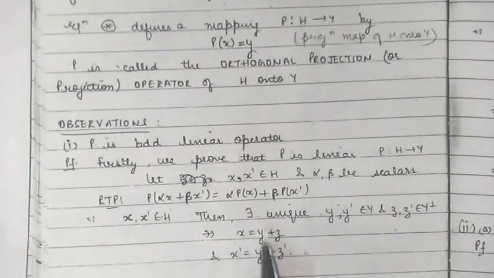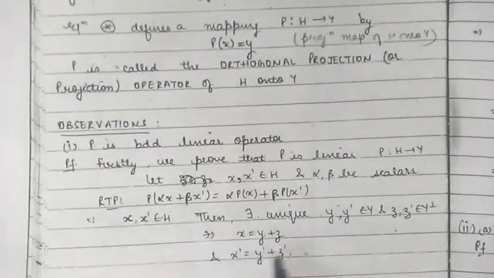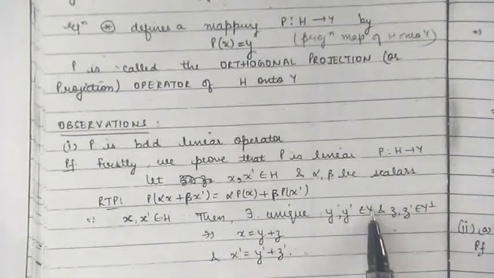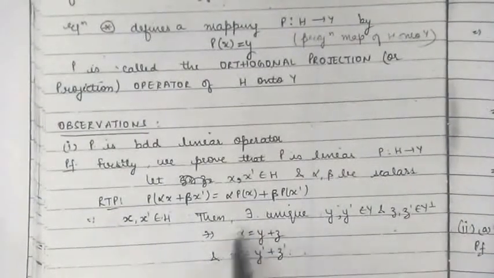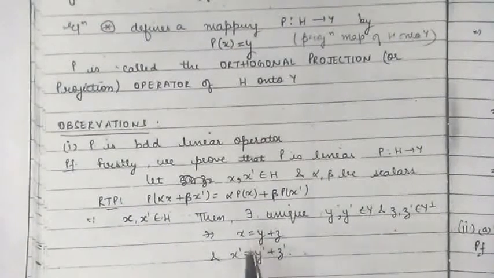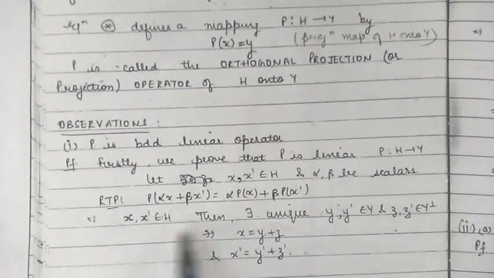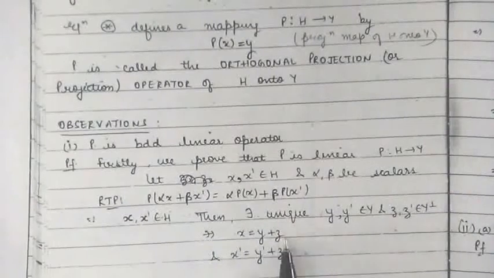By the projection theorem, x can be written as the sum of elements, one taken from Y and one taken from Y complement, and that representation is unique. It means for x belonging to H, we will have unique y and z, y belonging to the subspace Y and z belonging to Y complement, such that x is equal to y plus z.